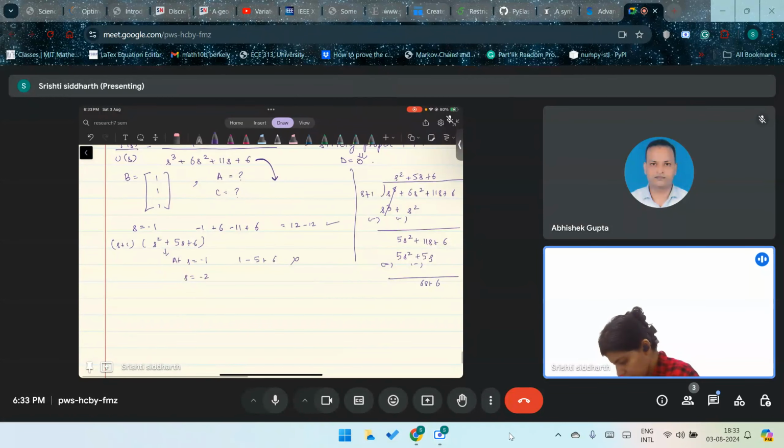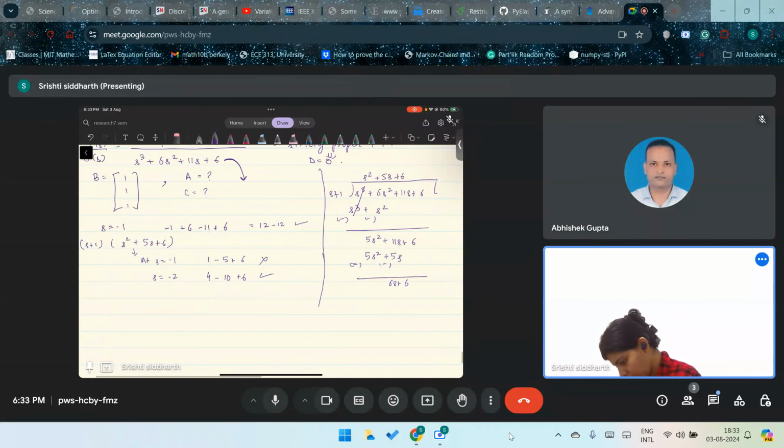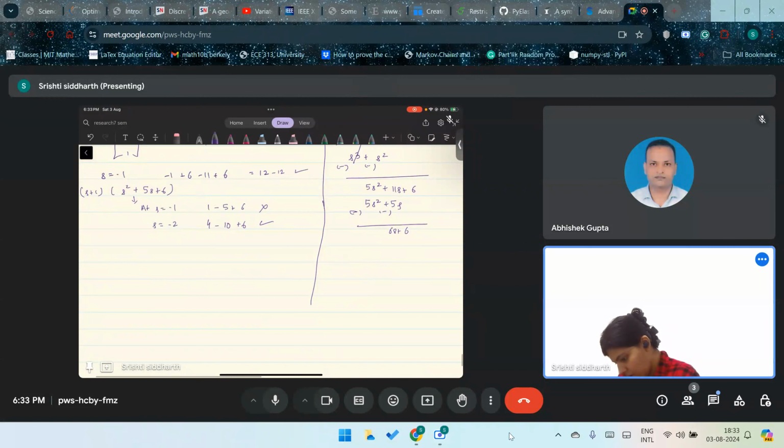Let's see at s equals minus 2. So we would have 4, then minus 10 plus 6, which is correct. Okay, so let's see.